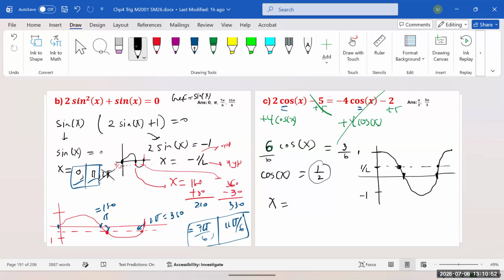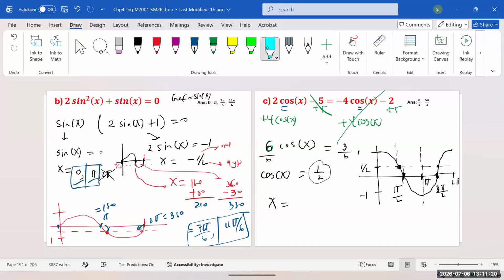So this is quadrant 1. This is quadrant 2. No, this is pi. This is half pi. This is 3/2 pi. And this is 2 pi.